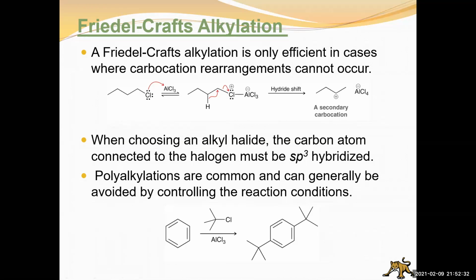So if you had a benzene ring in this reaction, the benzene ring is going to attach at that carbon right there, not at the one where the halogen was.